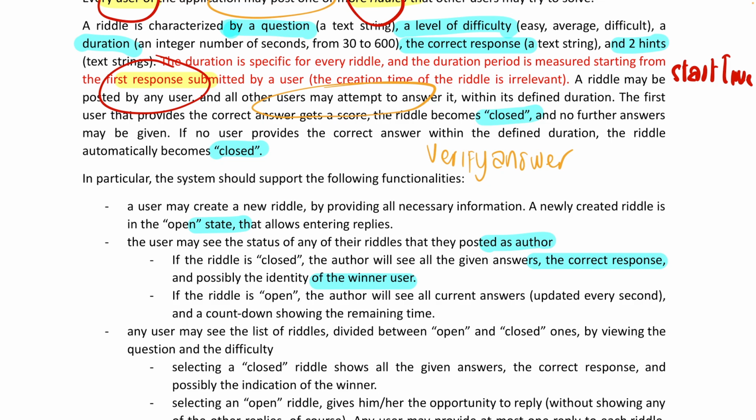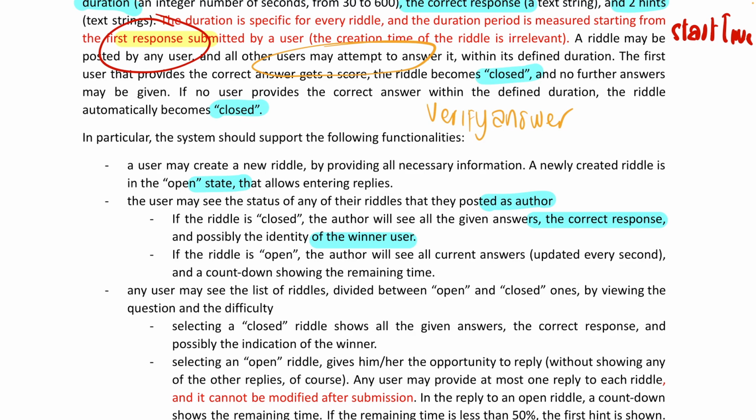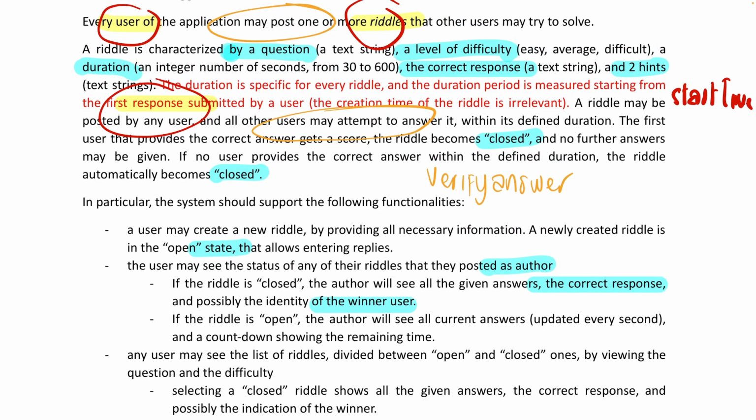So the user may create a new riddle. We already had this one by providing all the necessary information. Here, for instance, since it says that all the users will be able to see all the information from the riddles, of course, we know we will need to have something such as a get that gets us the information of a single riddle.